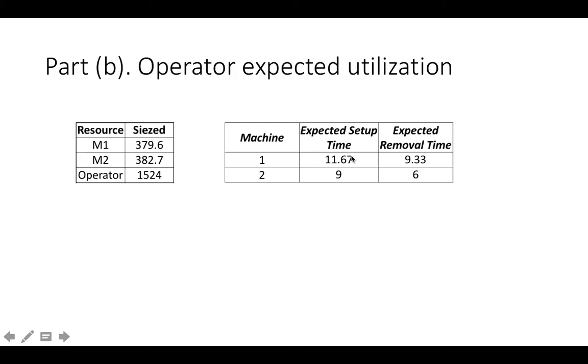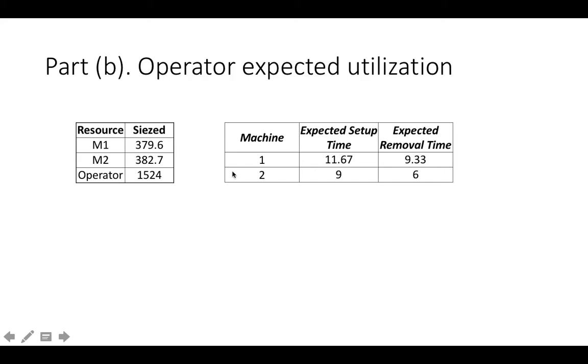So we know that on average, or the expected value, if a part is assigned to machine 1, the operator will be seized during this time, the summation of 11.67 plus 9.33. Same idea for machine 2. We need the expected value for both operations, and the summation of these two values will show us the amount of time that the operator was seized when it was processing one single part on that machine.